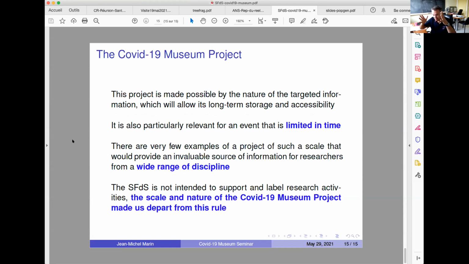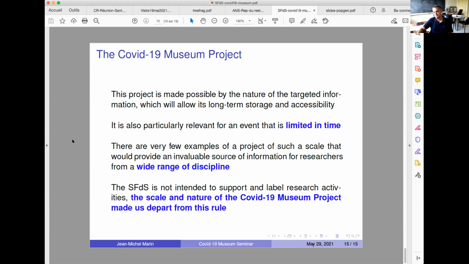So there is a photograph: you start at time 0, and then in 4, 5, 6 years, you collect all the information, and with this information, we could impact a wide range of disciplines. There are very few examples of projects of such a scale. We can get some invaluable information for researchers in very different disciplines.